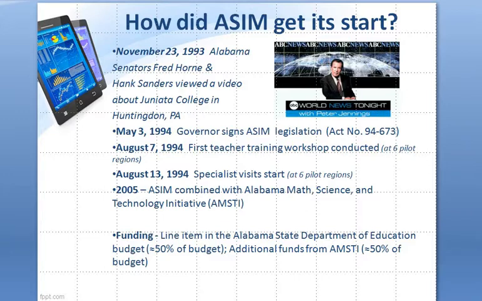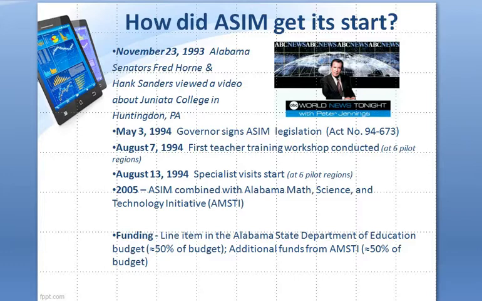In May of the following year, the governor signed the Alabama Science in Motion legislation. In August of that same year, 1994, the first teacher training workshop was conducted at 6 pilot regions. The next week, specialist visits started at those 6 pilot regions, and the program has grown ever since.